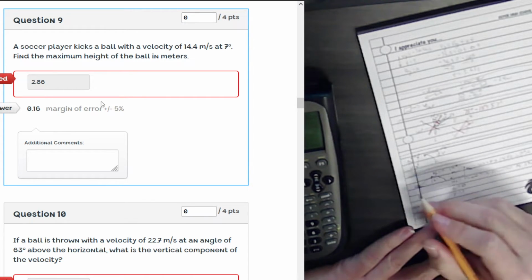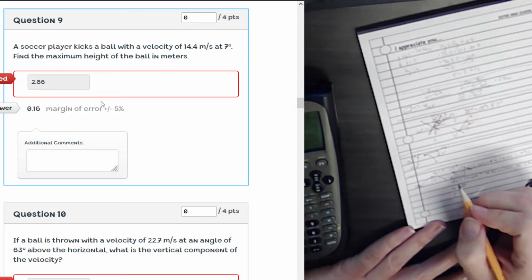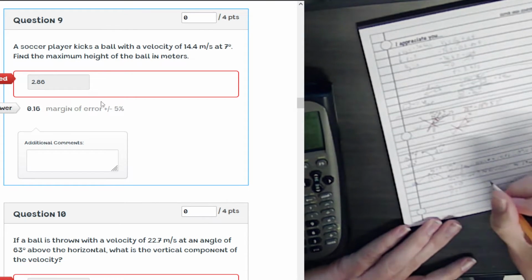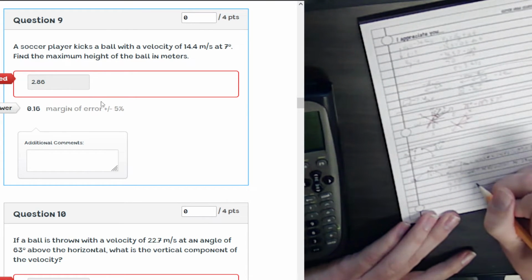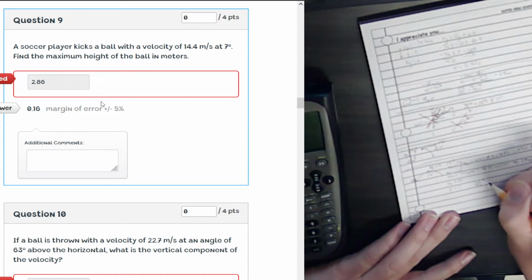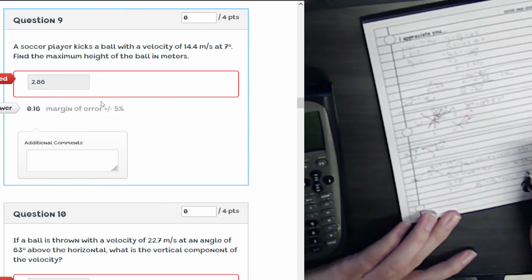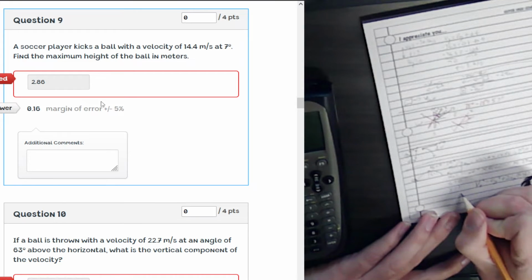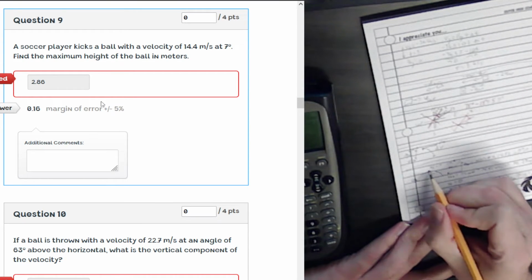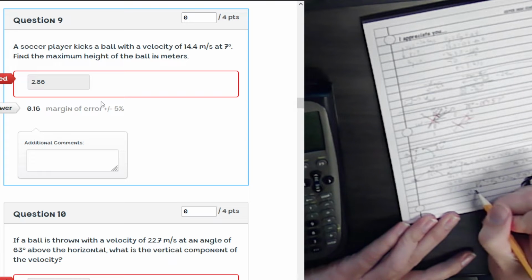So the only thing we don't really have here is time, so I don't really want to use the second equation. The only kinematic equation that doesn't have time is our third one. So it'd be Vy squared equals V naught y squared plus 2a times y minus y naught. So Vy is our final velocity, so at the top point that would be 0.